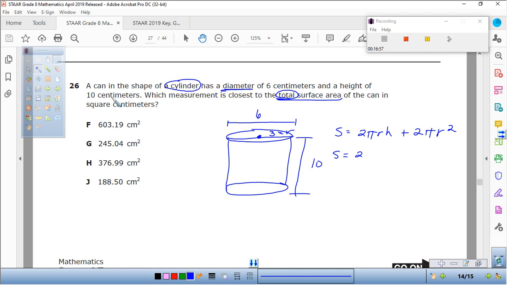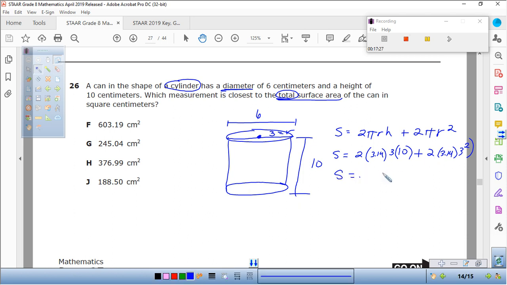Actually, I'll tell you why you can use 3.14, because look at the numbers. You see how they're kind of far apart? So you can use 3.14, make your life a little easier. 2, and then we'll go pi, which is 3.14, times my radius of 3, my height of 10, plus 2, and then 3.14. Radius is 3 squared. We enter this one.